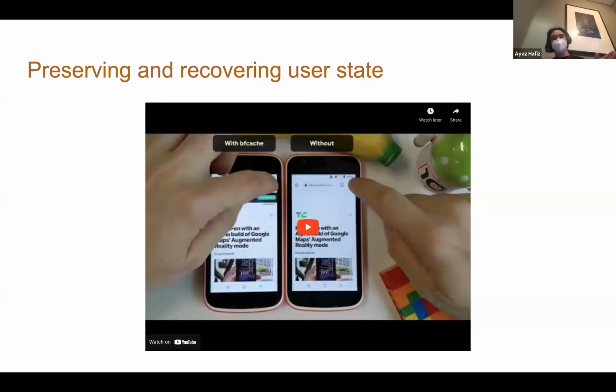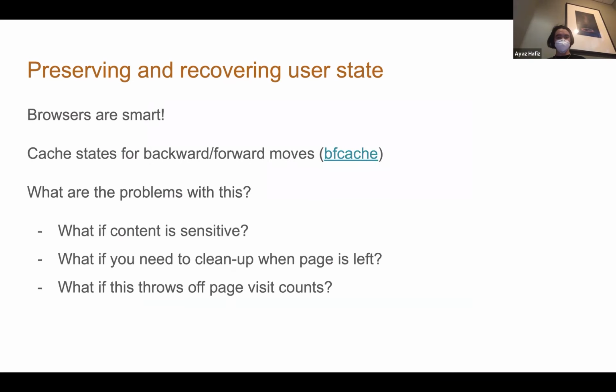Moving backward with this cache is significantly faster than moving back without it, just in terms of network latencies and if you have state.